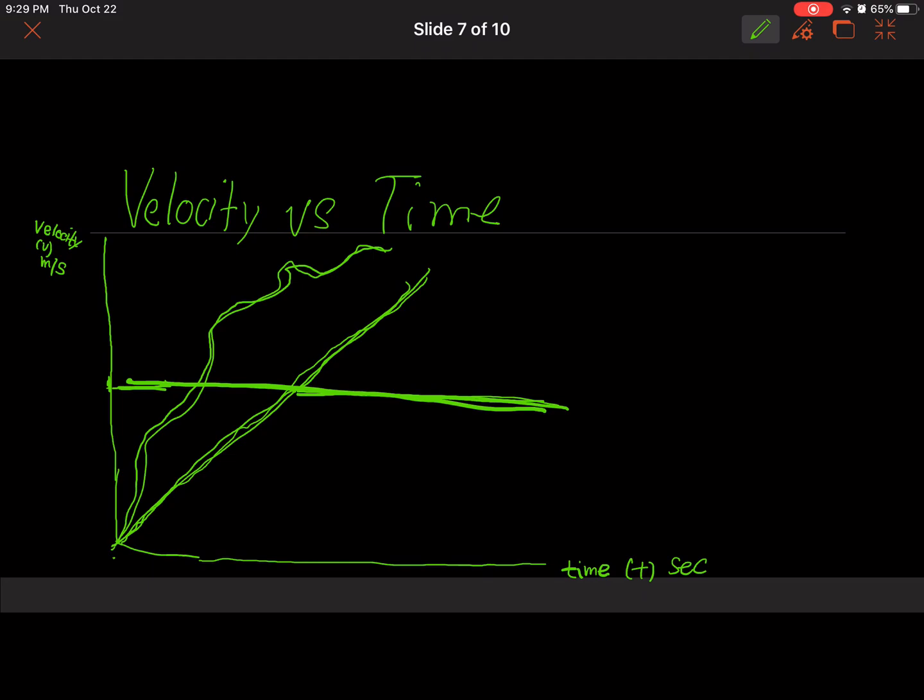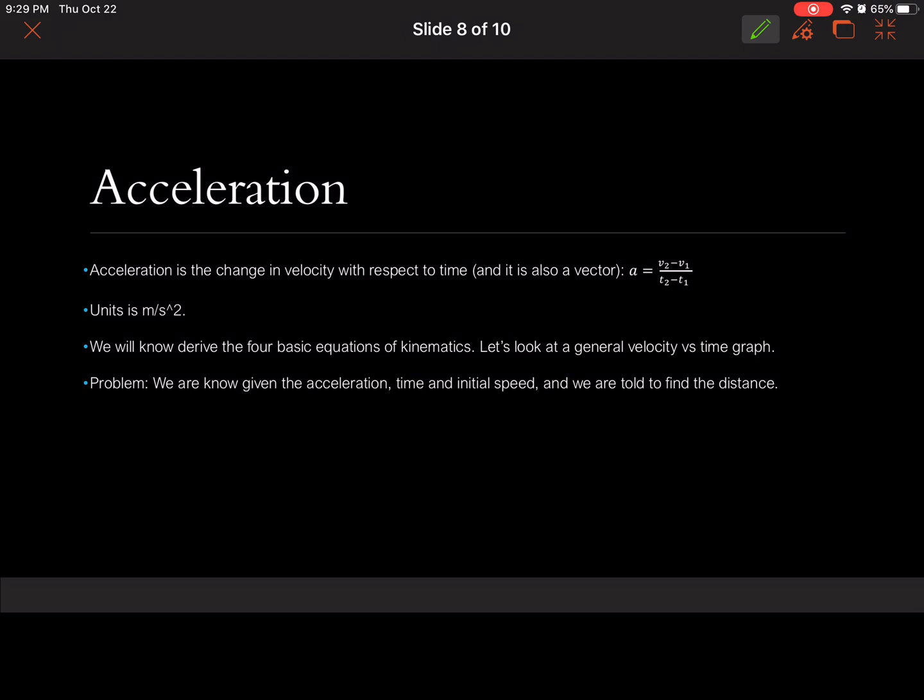All right, now that you can see what a velocity versus time graph actually looks like, we're going to move on to acceleration. So what is acceleration? Acceleration is basically the change in velocity with respect to time. Let's look at this equation. Acceleration is also a vector.